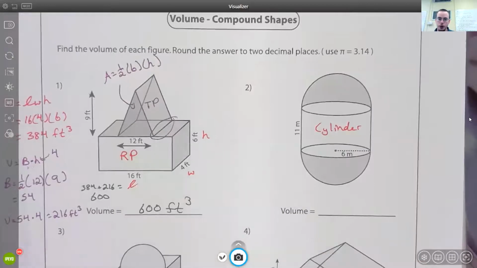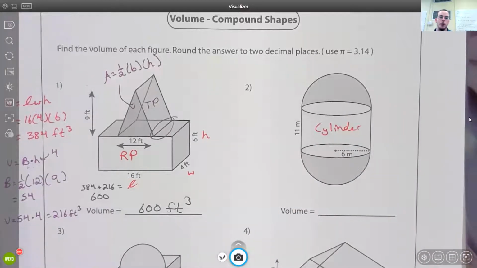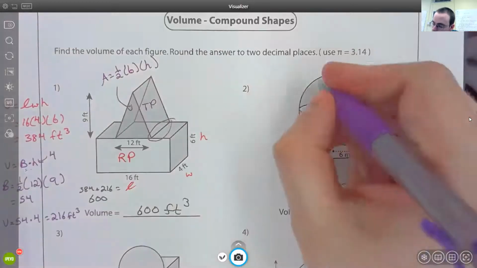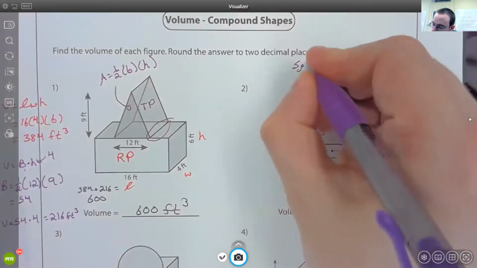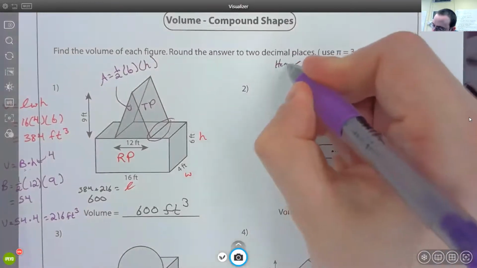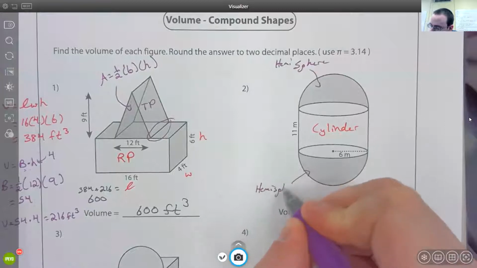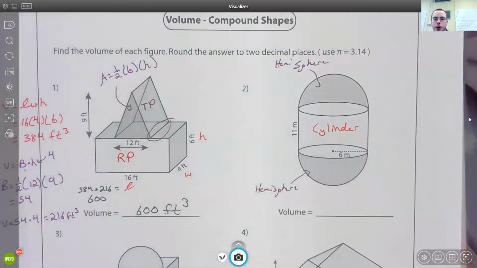If this cylinder wasn't here, these two hemispheres would just form one sphere. So all we need to do is find the volume of the sphere itself, because the two hemispheres combine to make the whole sphere.